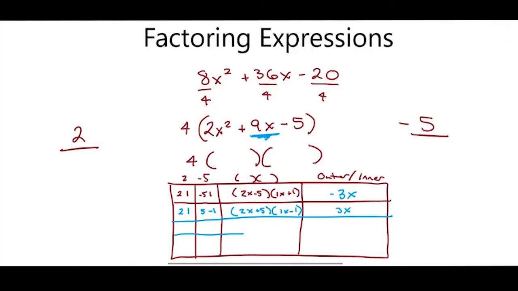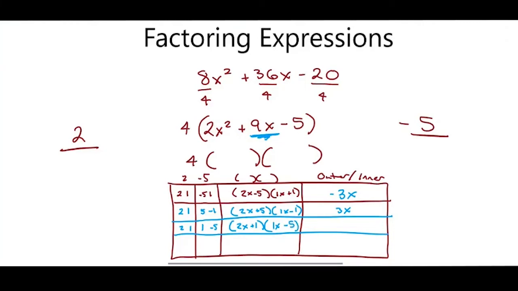All right, let's keep our 2 and 1. But let's switch the order of the 5 and 1. So let's do 1 and -5. So my first parenthesis will be 2x plus 1 times 1x minus 5.